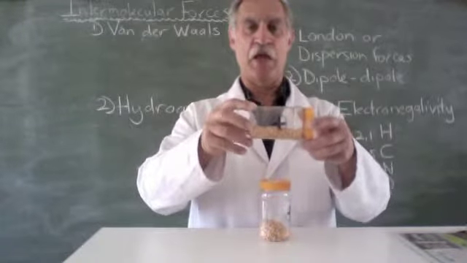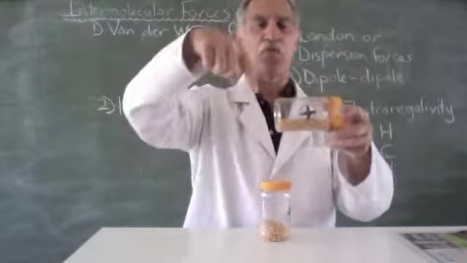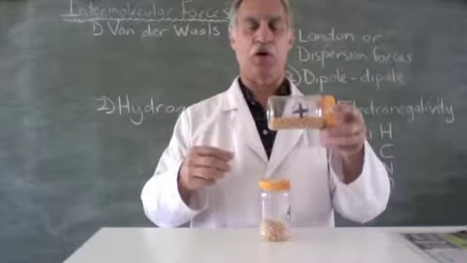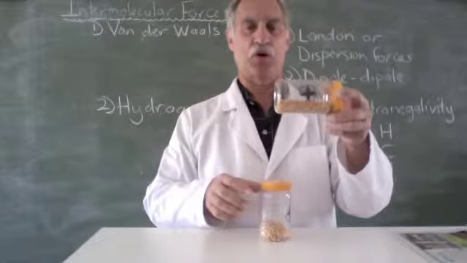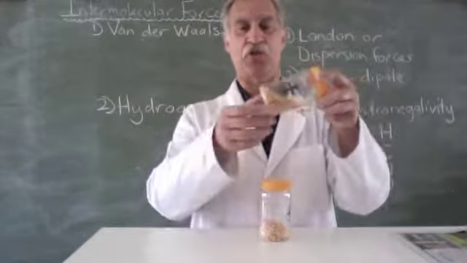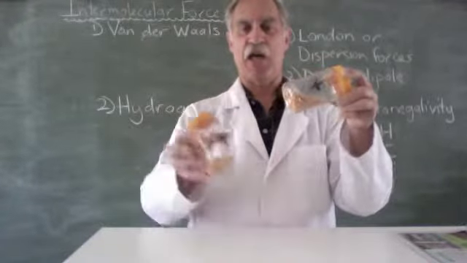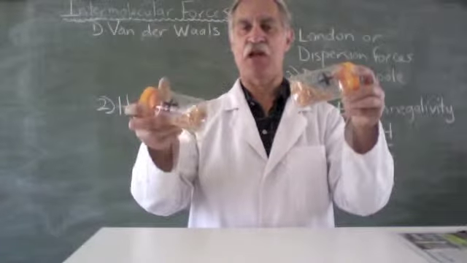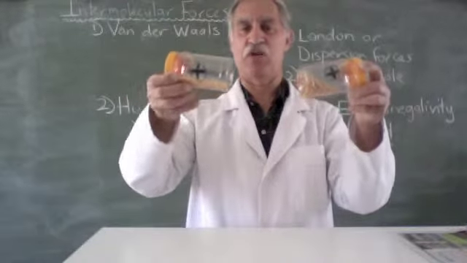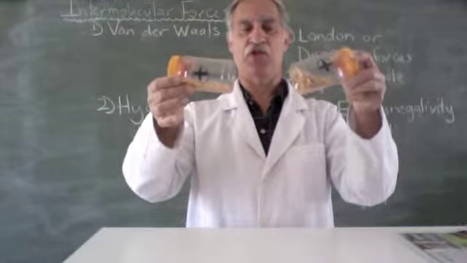Now, the electrons can be anywhere inside its orbital, but let's just suppose that the electrons happen to be, as they move around, more concentrated on this side, and another hydrogen atom comes along where its electrons, or popcorn, are evenly distributed inside the orbital.